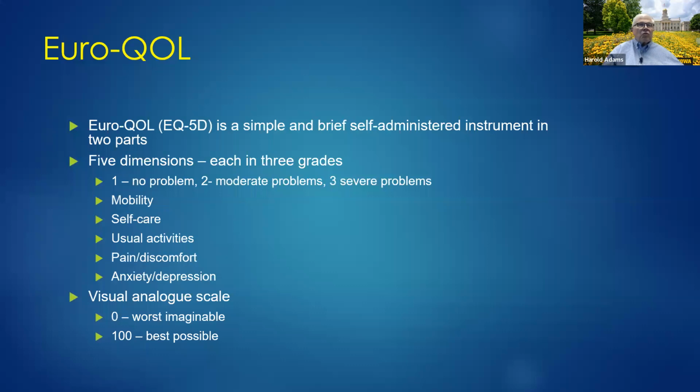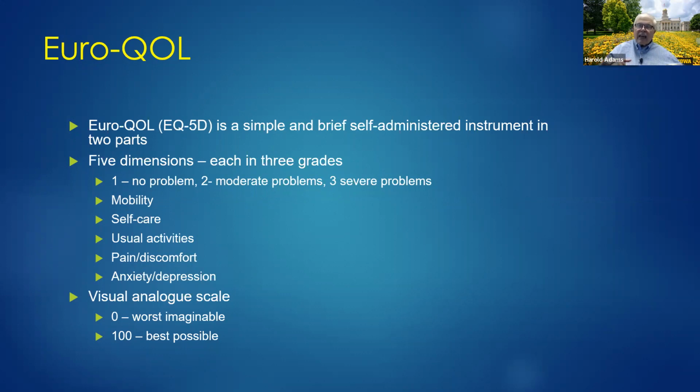The EuroQol, which is one that I've had the most experience with, is a brief self-administered instrument. So the patient or the patient's caregiver does this to look at 5 domains: mobility, self-care, usual activities, pain and discomfort, and anxiety and depression.